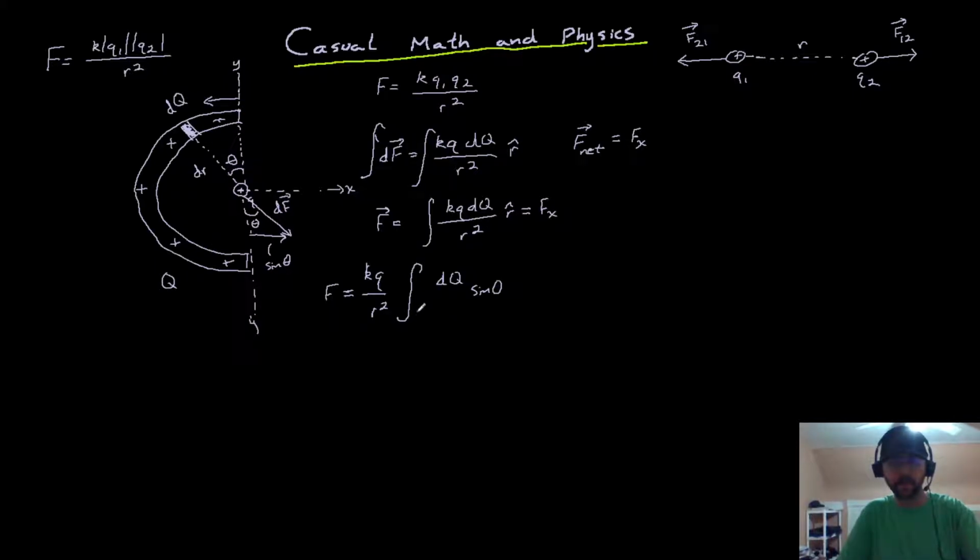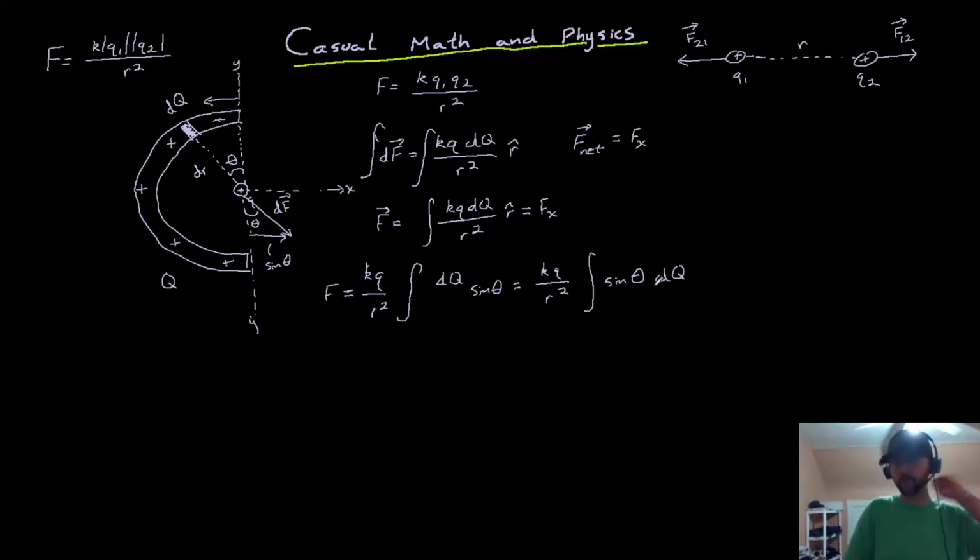I keep pushing the wrong button. So this is equal to k q over r squared times the integral of sine of theta dq, oops, not theta, q.